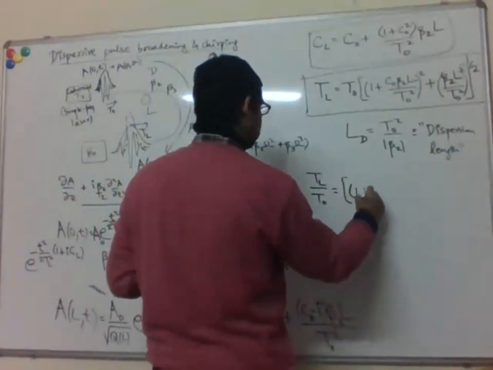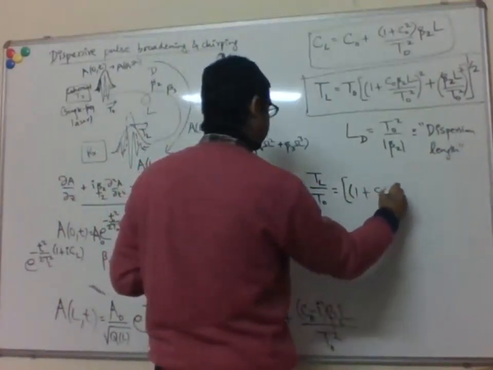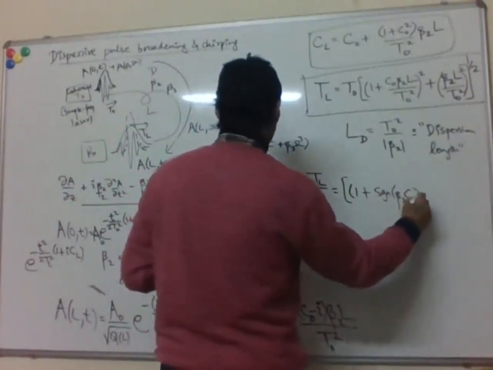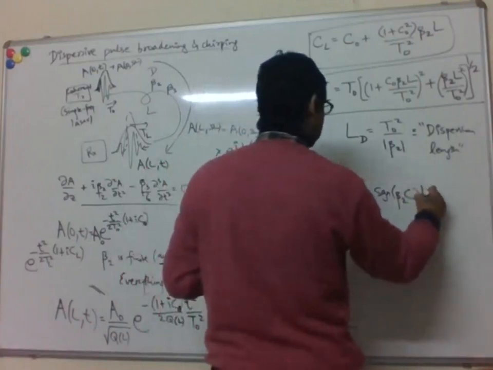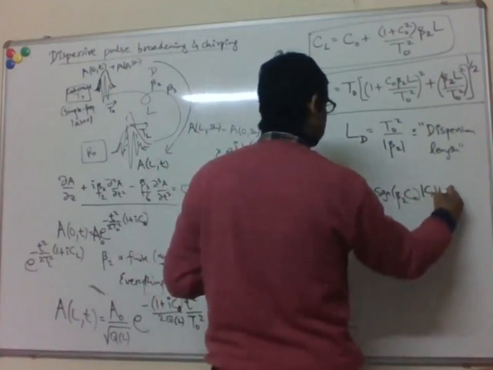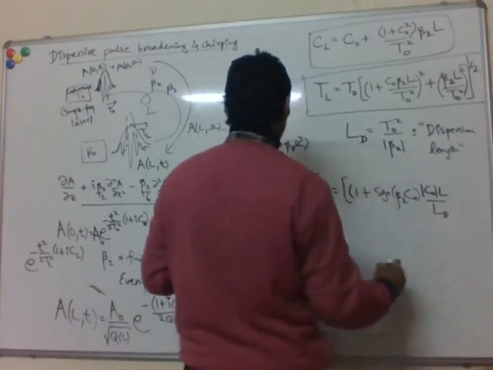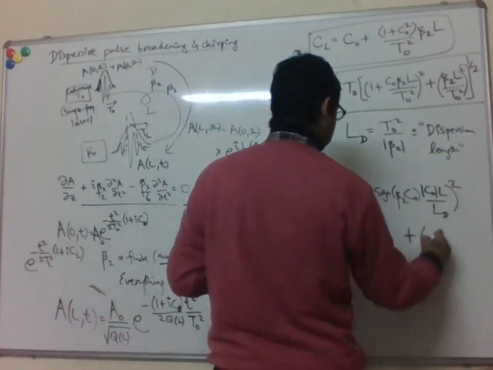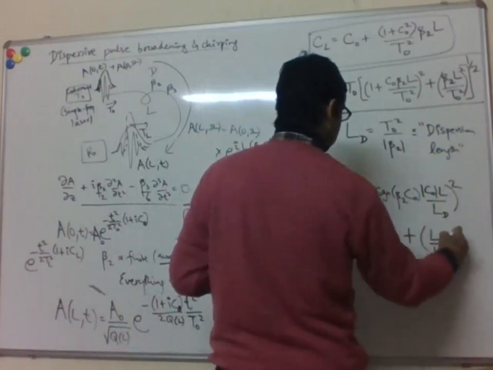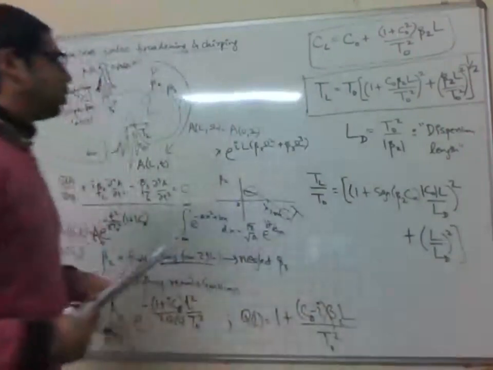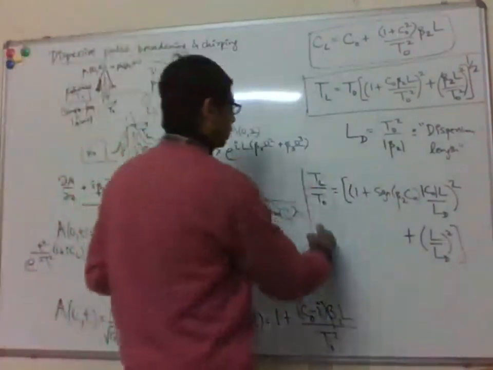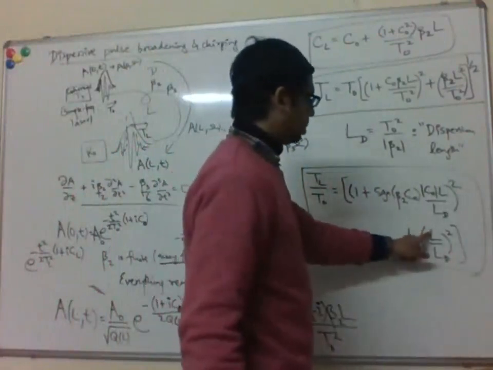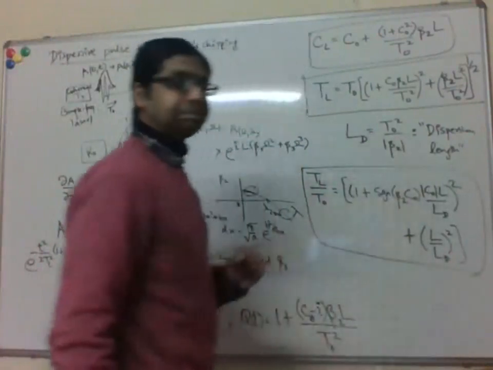So this I can write as, right? So you can see the broadening depends on basically how long the fiber is compared to, normalized to, the dispersion length.